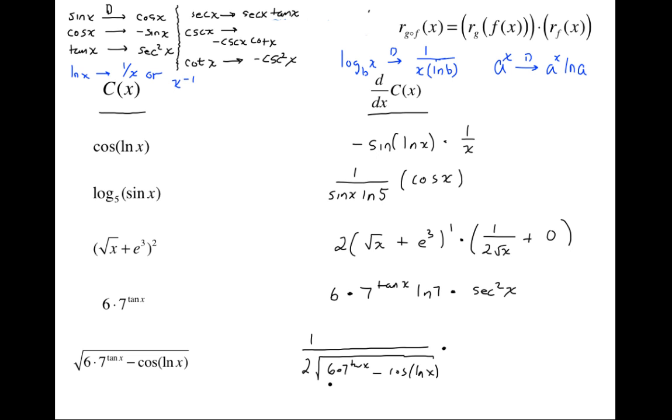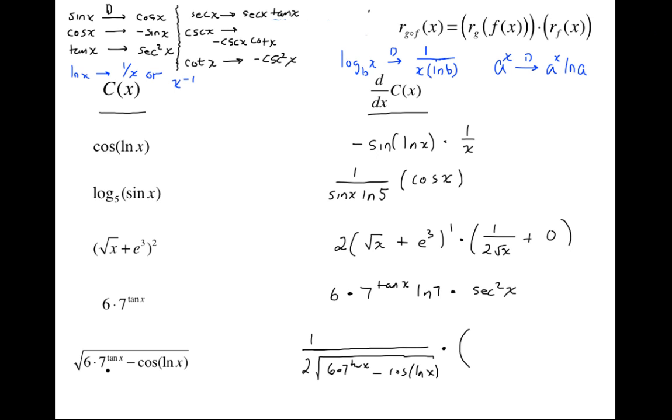Times the rate of change of that, the interior, right? What's the structure of the interior? Sum or difference. We have the difference of 2 things. And we know that's our really easy rule, where we just take the rate of change of the first minus the rate of change of the second. What's the rate of change of the first?